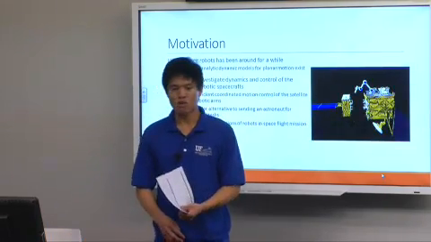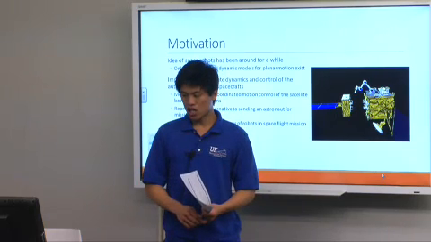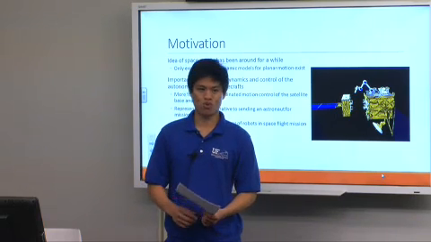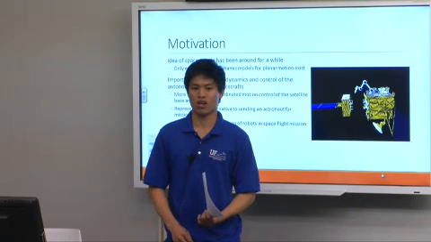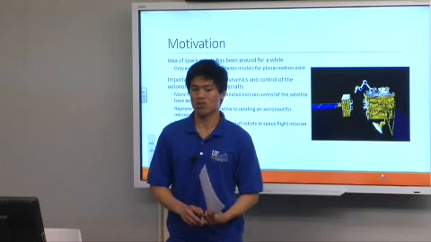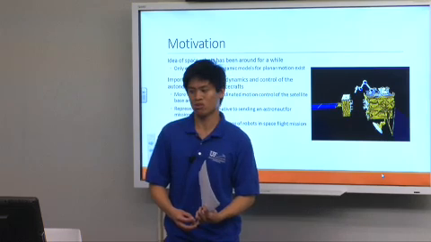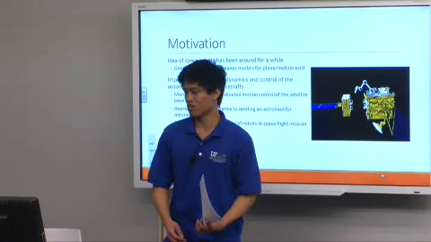The idea of space robots has been around for a while, but in order to actually use a space robot, we would need to know the dynamic model. We don't necessarily need the dynamic model to develop the controller, but we would need it for a good controller.